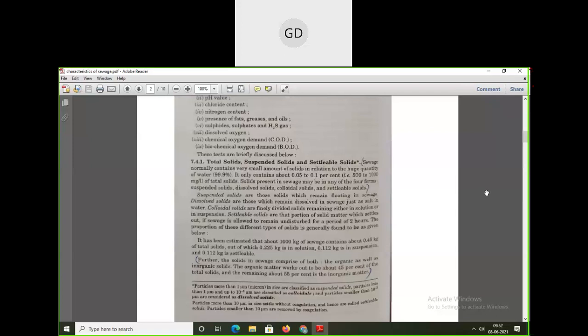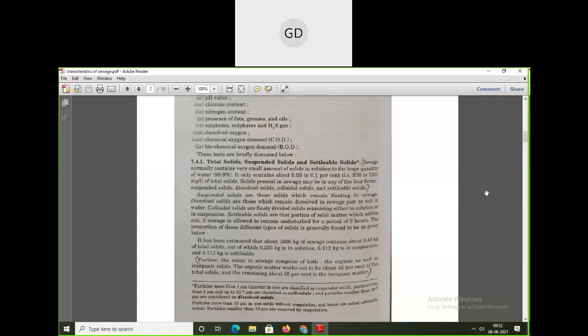Please remember this line: sewage consists of 99.9% water and only 0.05 to 0.1% of total solids.